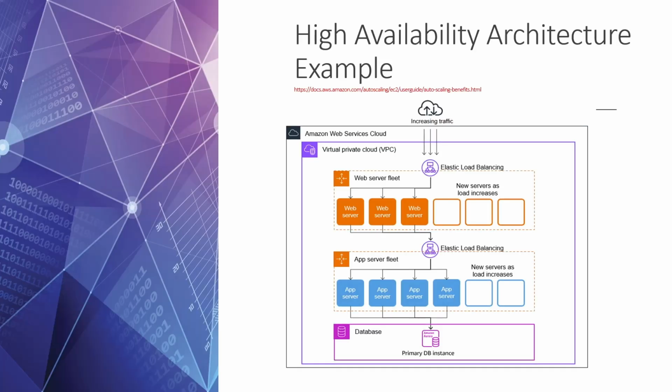Now we have a typical infrastructure architecture example here. And we can see that auto scaling gives us several key benefits. First, of course, it maintains application scalability, ensuring that our applications always have the right amount of capacity to handle the current traffic demand.